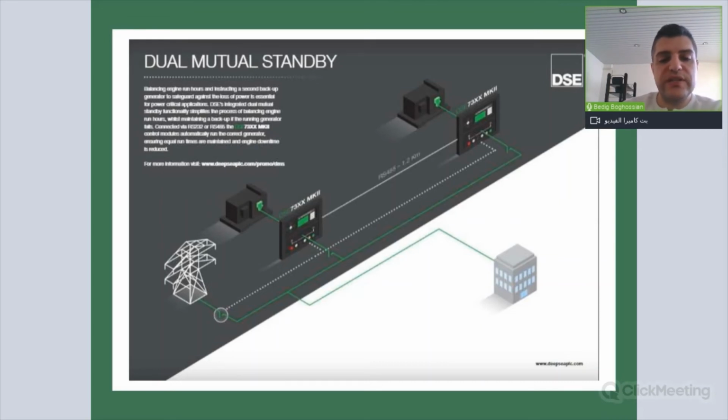So you can have a 3-source ATS application simply by using the 7320 Mark II controllers without the need of an ATS controller. And you can simply use 3 breakers for each of the sources. By the way, both the 73 and the 74 support the dual mutual standby. So this feature is available inside all the 73 Mark II and the 74 Mark II series.